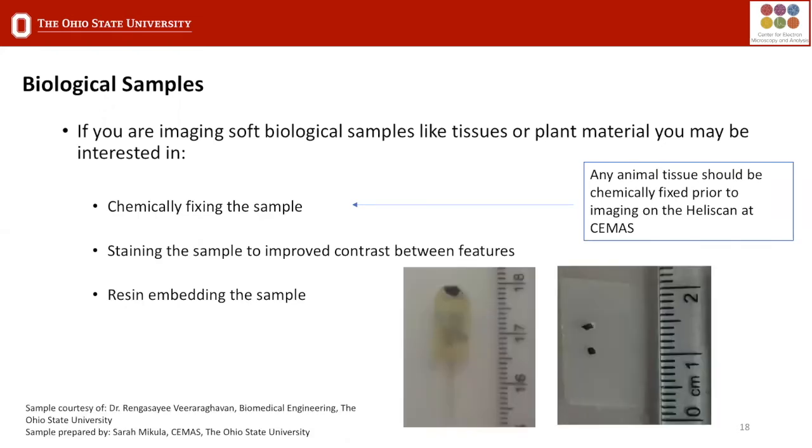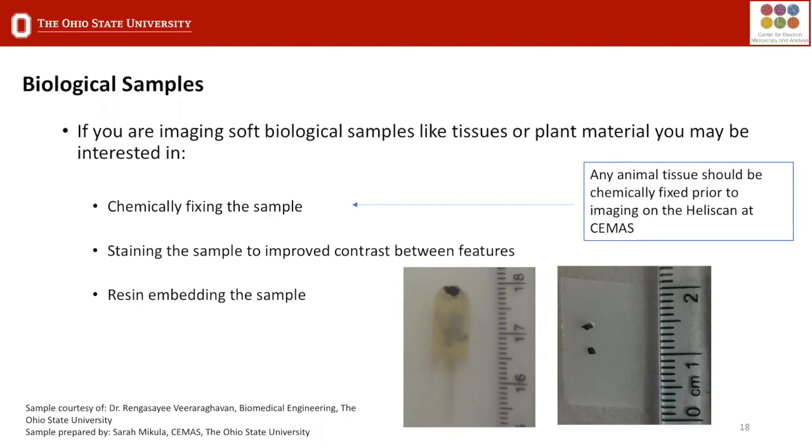In this photo, you can see a piece of heart muscle from Biomedical Engineering. The sample has been fixed, stained, and embedded by Sarah McCullough here at CMAS. Then we stuck the one on the left on a post and performed a region of interest scan on it.